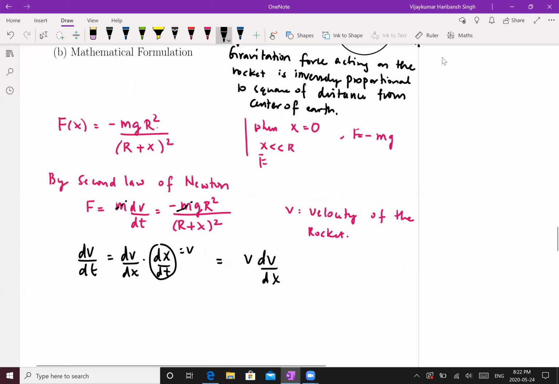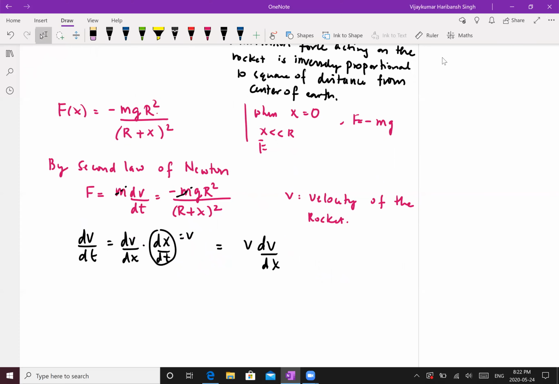I want to write the differential equation in terms of x, otherwise there are too many variables, t and x. So we get v dv by dx, a replacement for dv by dt, equal to minus g r square upon r plus x the whole square. And of course, v of 0, let's call it v naught, some initial velocity.